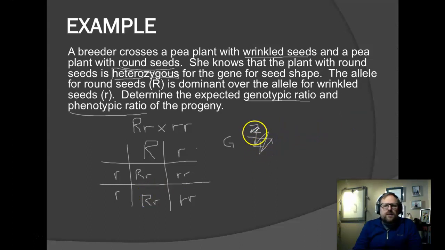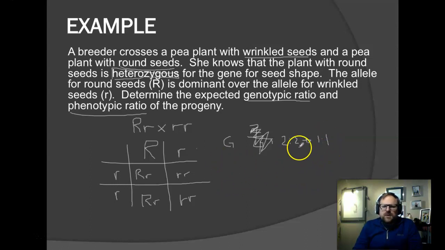Another way we can write this, and I think it's better to write it this way, is that we have 2 individuals that are big R, little r, and 2 individuals that are little r, little r, which we can reduce down to 1 to 1. So for every 1 individual that's big R, little r, we'll have 1 individual that's little r, little r.